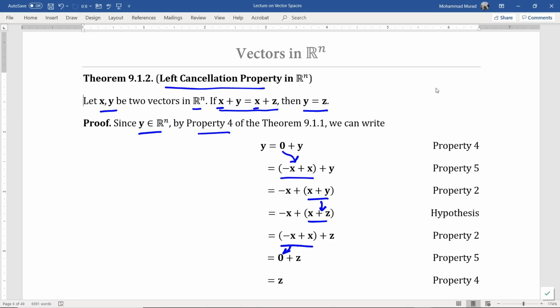Finally, by using property 4 again, we can write the 0 vector plus z is equal to z. So we proved that y is equal to z under the hypothesis that x plus y equals x plus z.